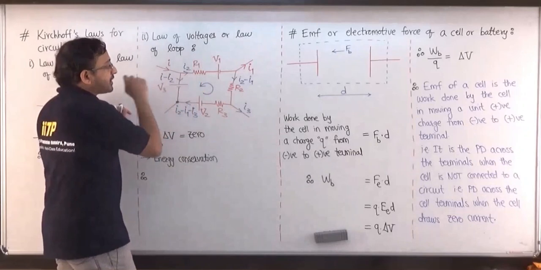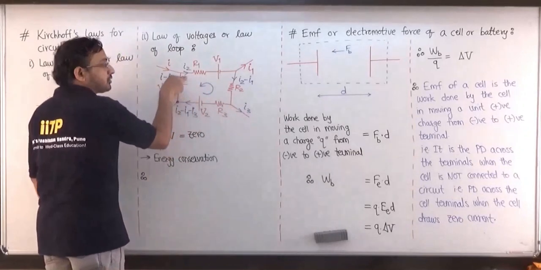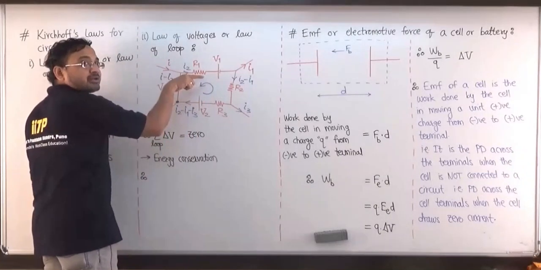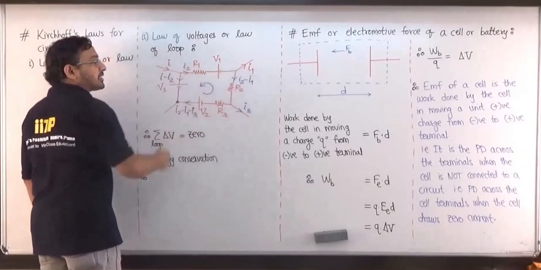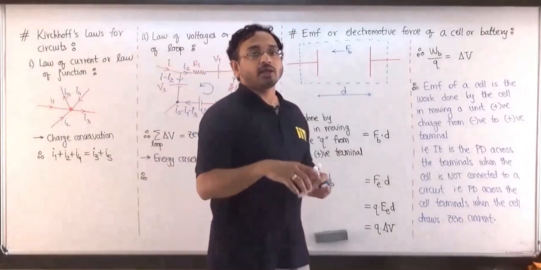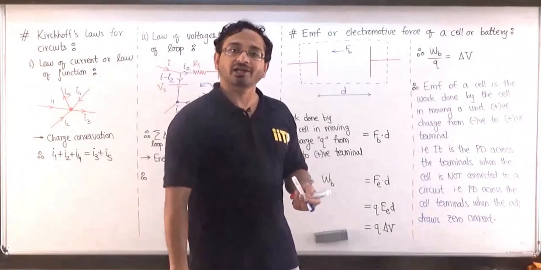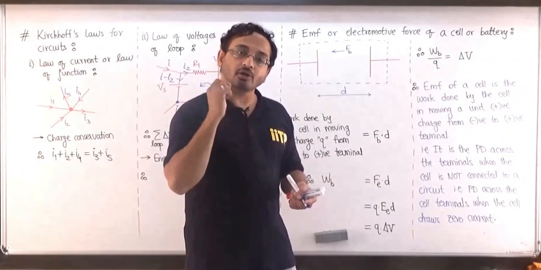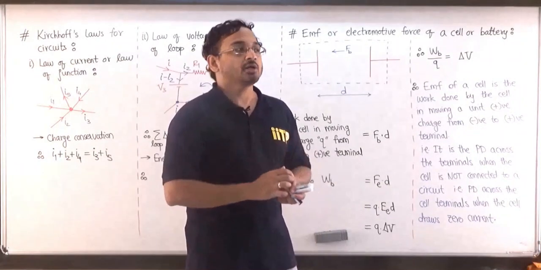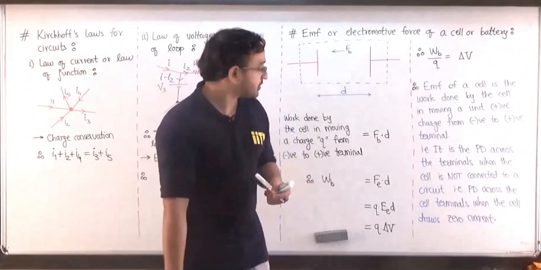If I find that current I2 is negative, I will conclude that my assumption of this direction is wrong, and the current actually flows in this direction. That is a nice thing about Kirchhoff's laws. It doesn't matter what assumption you make, as long as you follow the correct sign conventions, you will always get the correct answer. Kirchhoff's laws will always rectify your assumptions.